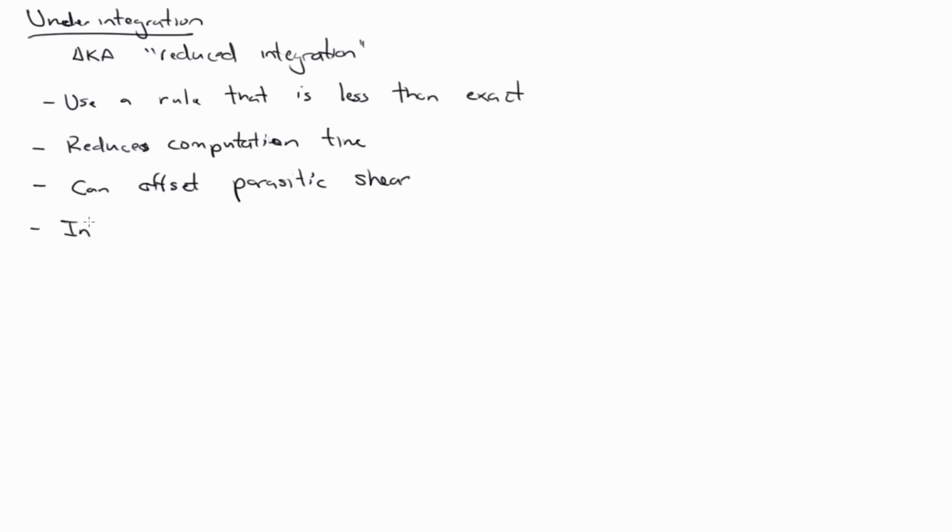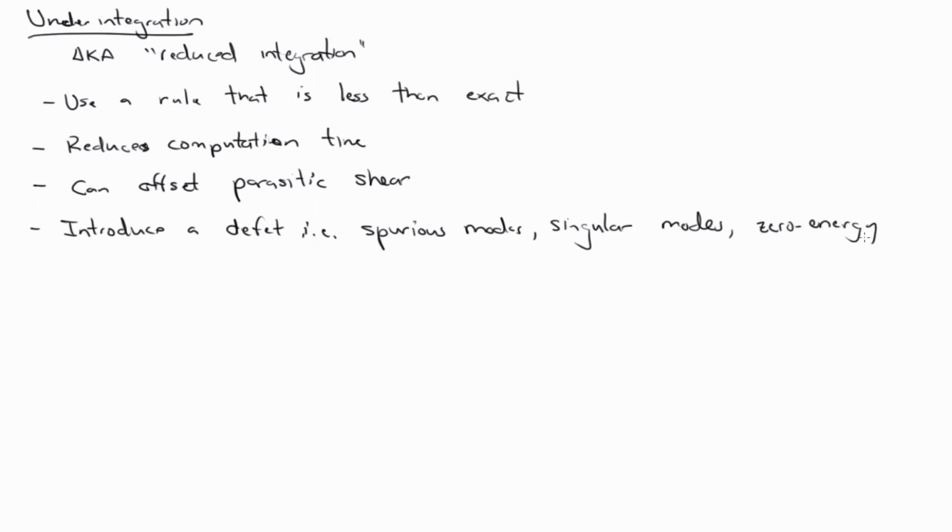But it does introduce a defect, namely spurious modes, singular modes, zero energy modes, hourglass modes. They're all the same thing, they're just different names you might see in literature.